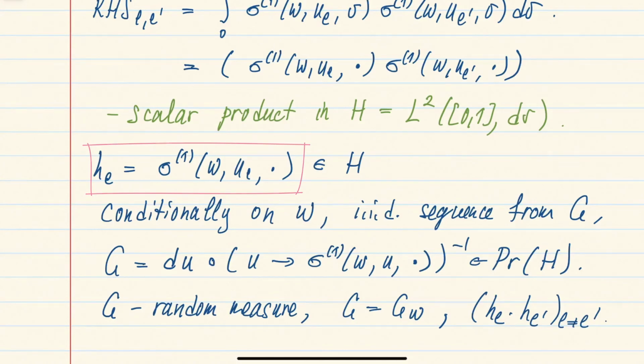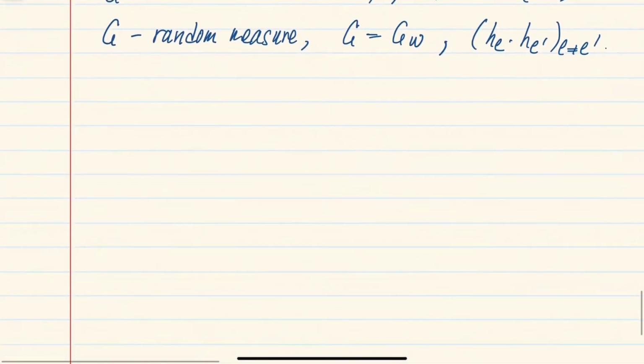And so what remains is to look at the diagonal elements and also reinterpret them in a way that matches with the statement of the theorem.